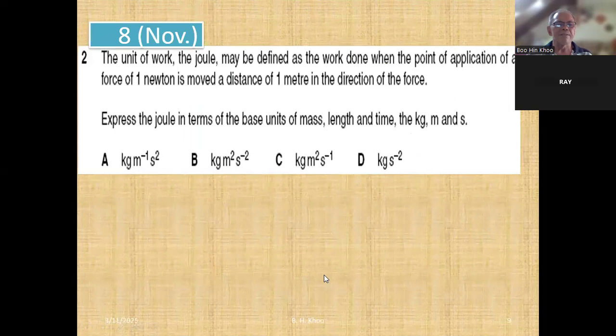Number 8. Unit of work, the joule, may be defined as work done when a point of application of force of 1 Newton moves a distance of 1 meter in the direction of the force. Express joule in terms of base unit of mass, length, time, kilogram, and second. What's the answer? You either memorize it or you work it out.